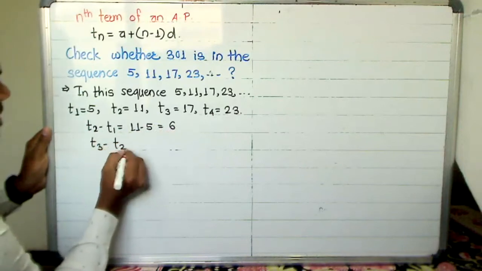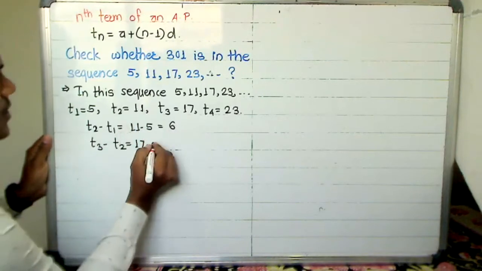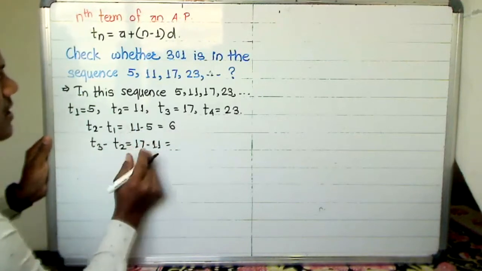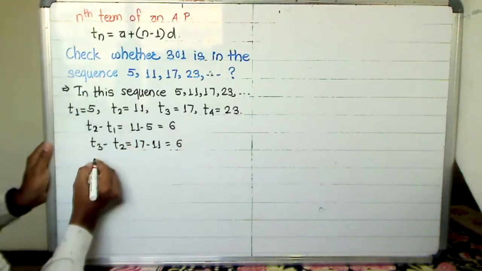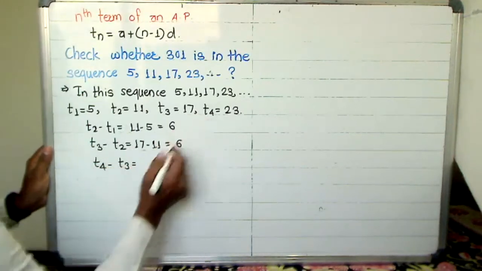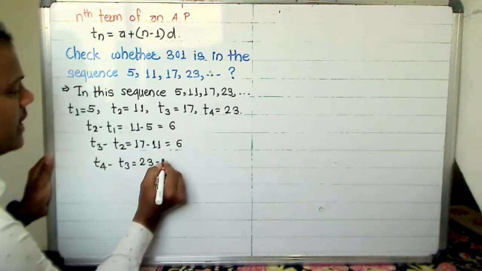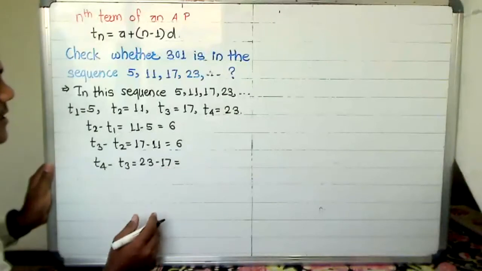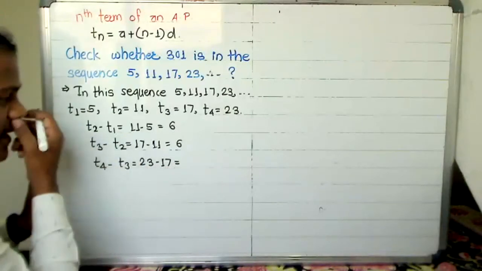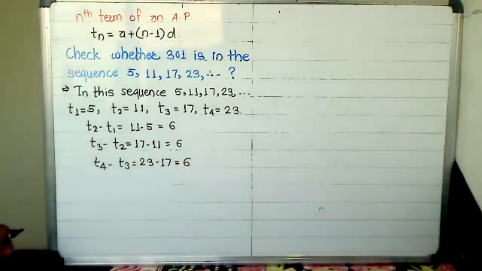T3 minus T2 is 17 minus 11, which is again 6, and T4 minus T3 is 23 minus 17, which is again 6.